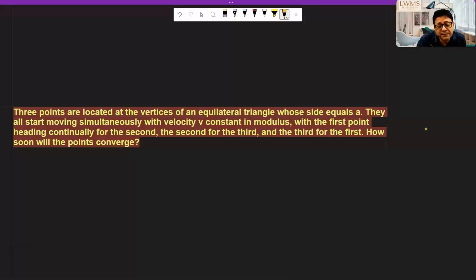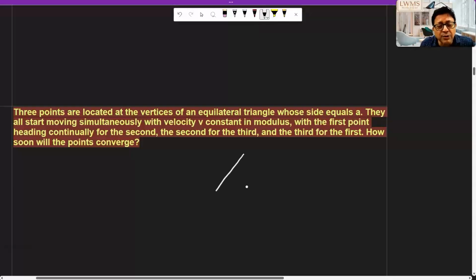This I am describing, the way you can answer a descriptive question, no? With velocity v constant in modulus, with the first point heading continually for the second, second for third, and third for the first. How soon will the points converge?